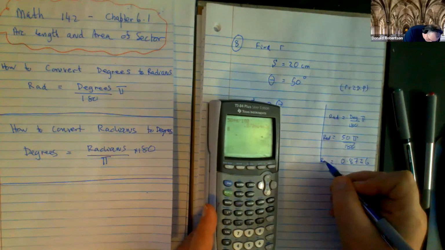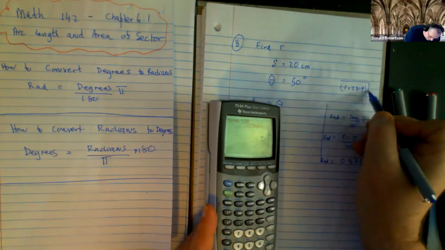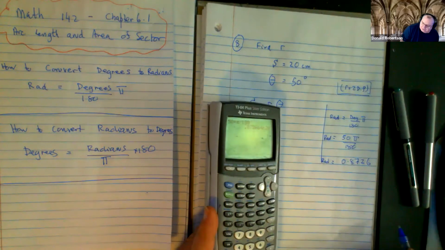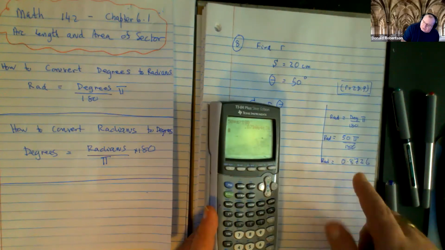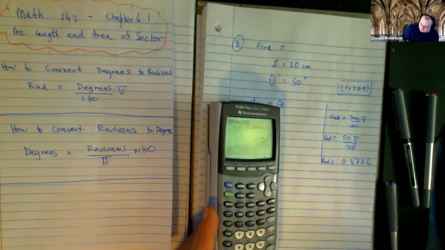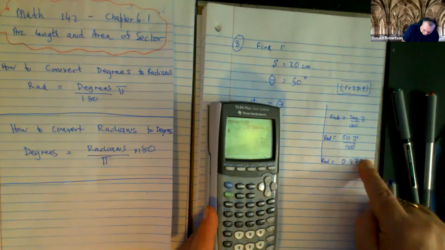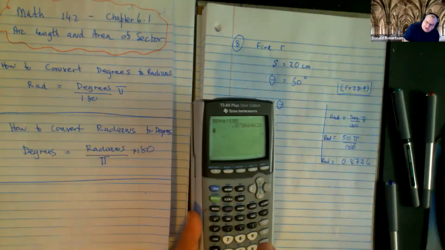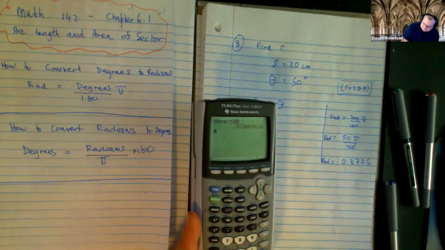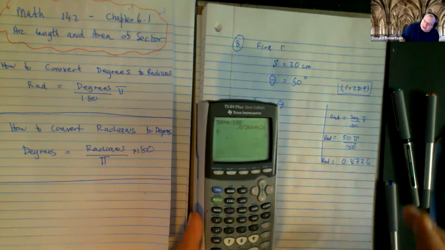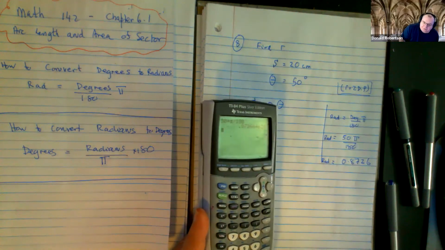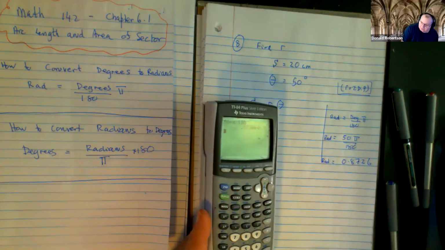Whenever you are doing a calculation that says round off the final answer to 2 decimal places, make sure that all the in-between numbers are more accurate than 2 decimal places. The reason for that is if I did this to 2 decimal places, the final answer that I get will be different than if I use this. This will get me a better answer. And you know, WebAssign's fussy.